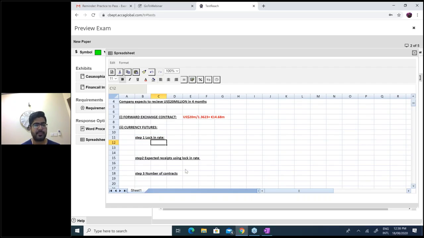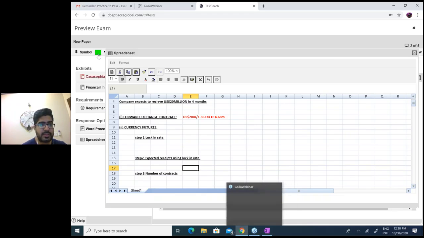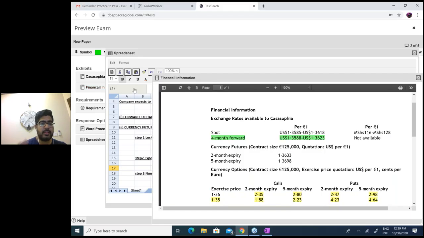Let's start. The main thing is lock-in rate. So when do you plan to receive the amount? In 4 months. You plan to receive the amount in 4 months. Go back to the question. To solve futures, which data will you use? Futures, options, or forwards? Obviously futures. Now you will use the data of futures.